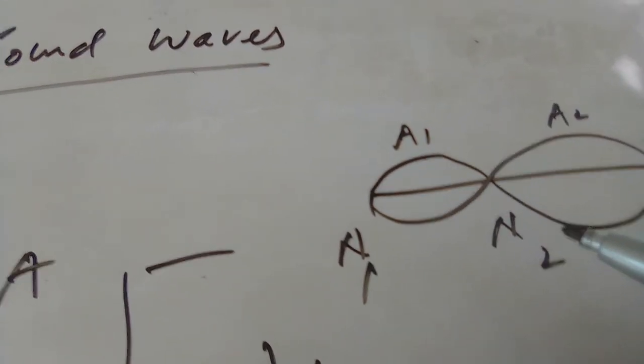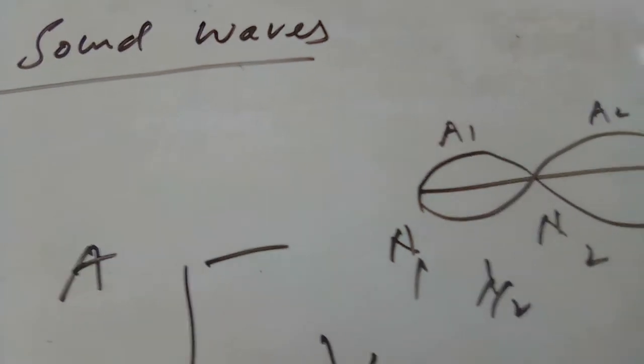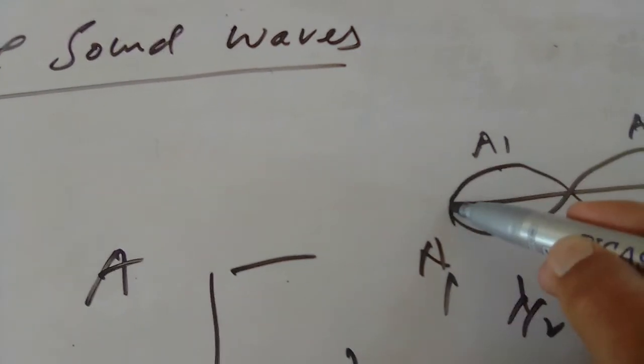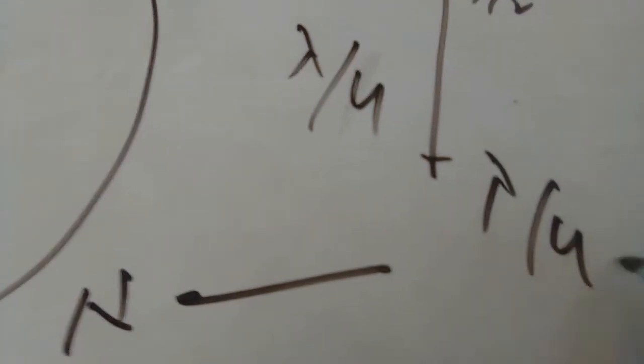Antinodes are the points where the amplitude is maximum. The distance between two consecutive nodes is lambda by 2, and the distance between this antinode and this nodal point is lambda by 4.